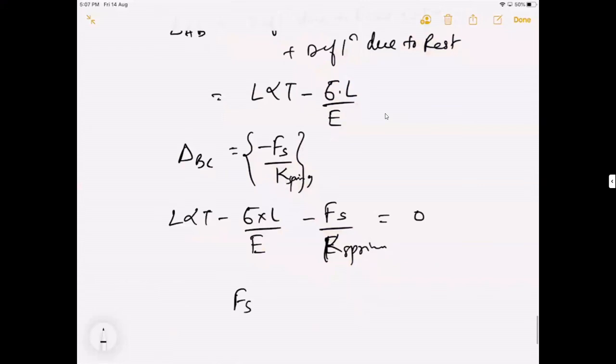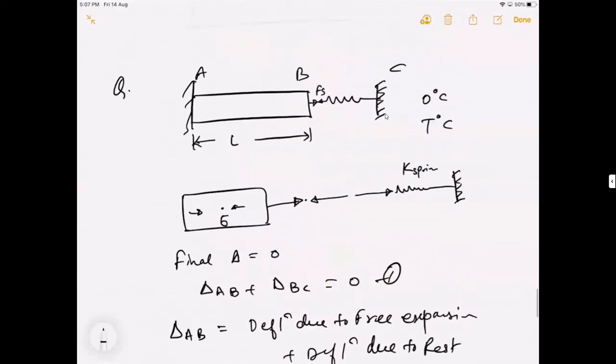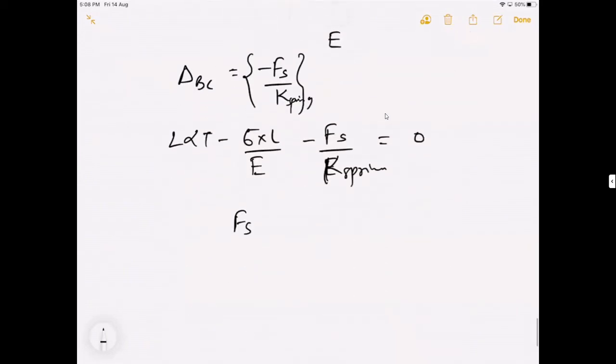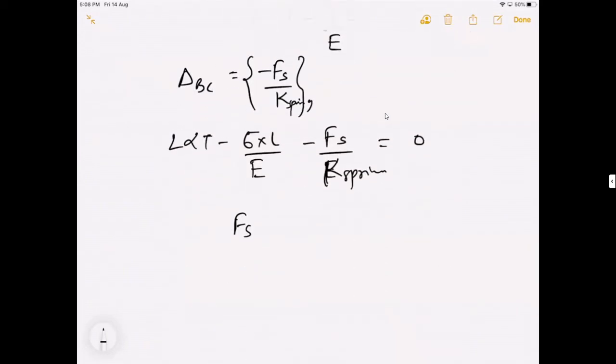Now Fs is nothing but the stress in this block into the area of that block. So we can write Fs is sigma into area.